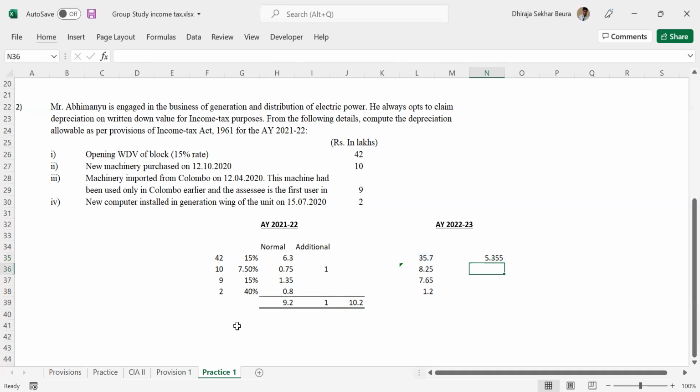And then 15 for the third. 40 for the last.